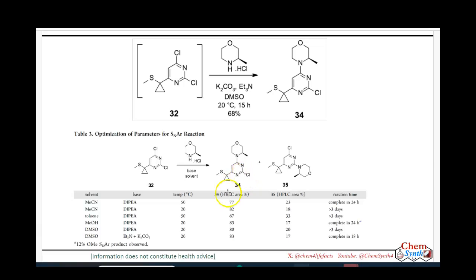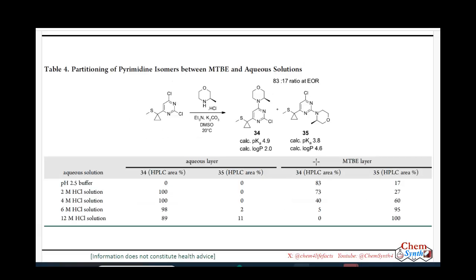The best condition they used was in the presence of triethylamine and potassium carbonate. That time they got a mixture of two isomers. The desired one was 83% and the undesired one 17%.